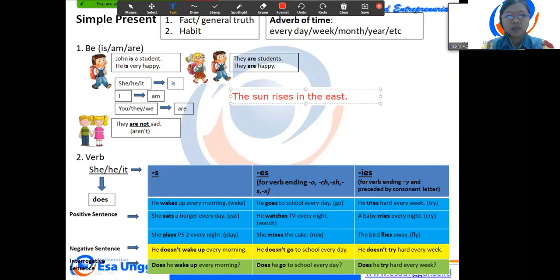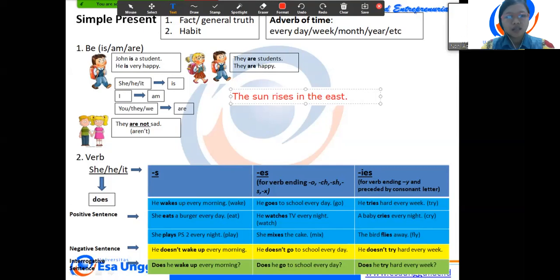Look at the example. John is a student. The subject John and the verb is. The other example, they are students. The subject they and then the verb are. For negative, we just put not. They are not sad.